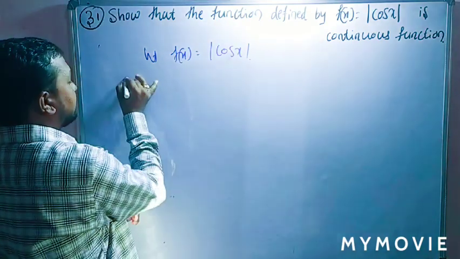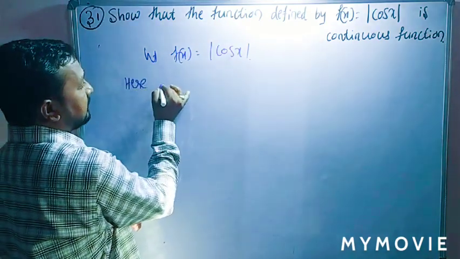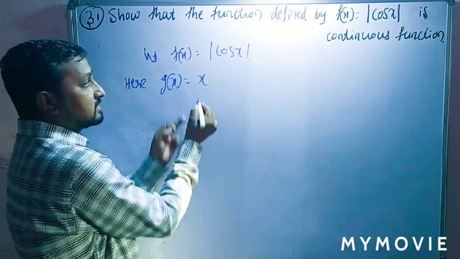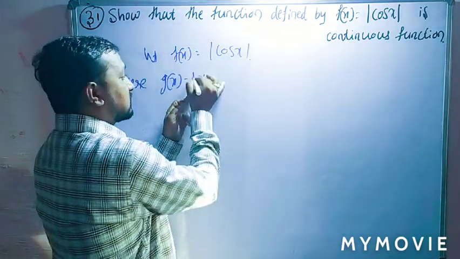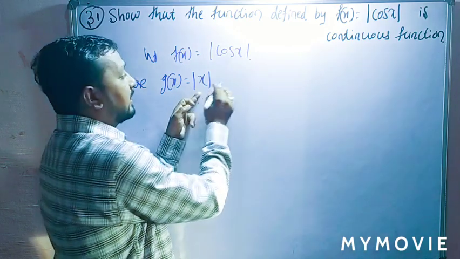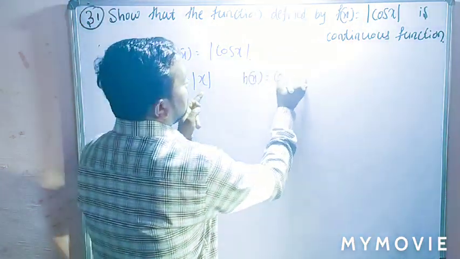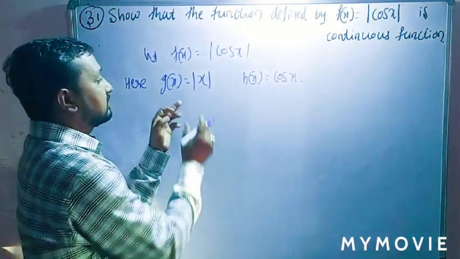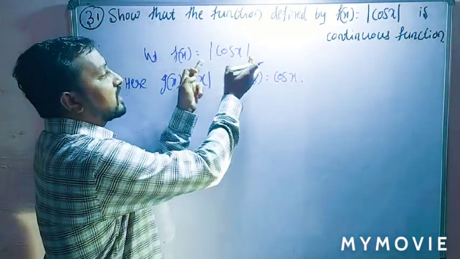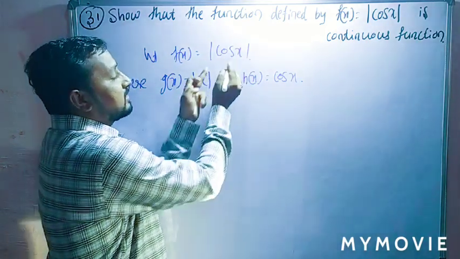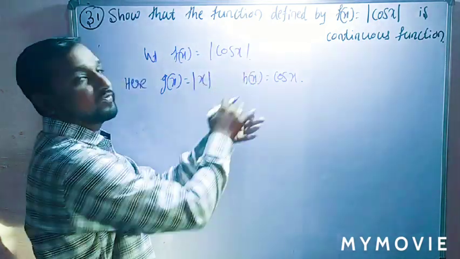I can take g of x equal to mod x, and instead of x, I can take h of x equal to cos x. Is that clear? So g of x is of the mod x form, so keep mod x as is. Instead of x, what is there? Cos x. So this is a combination of two functions.